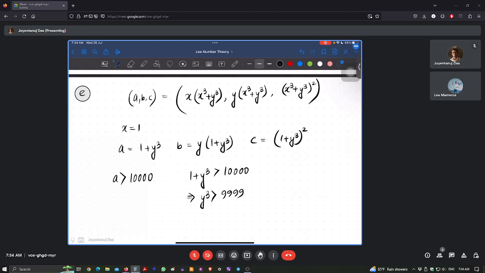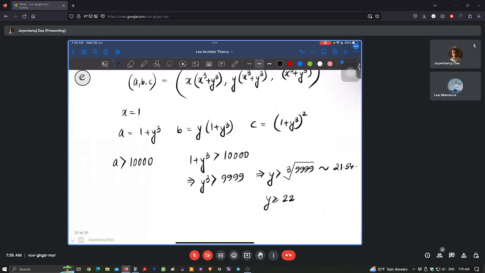So what is the cube root of 9,999? Approximately 21.54 something. So if I take y greater than or equal to 22, then a is strictly greater than 10,000.